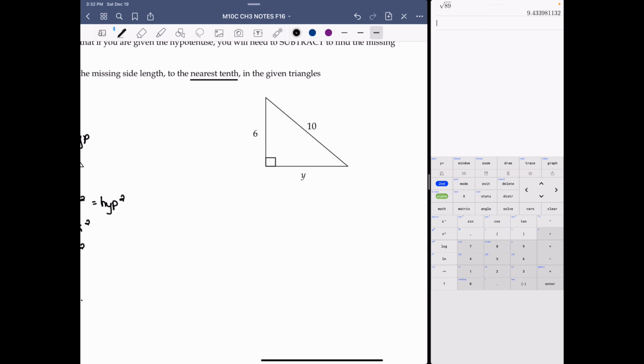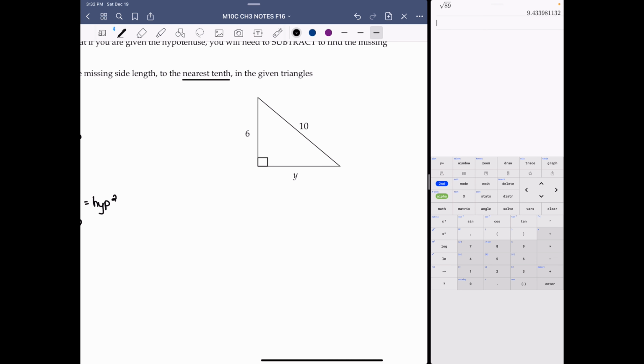Next one, we have 6 and 10 and y. Which side is the hypotenuse? It's across from the right angle. So it's the side with measurement of 10, which means we're solving for one of the other sides. So in our formula, side squared plus side squared equals hypotenuse squared.